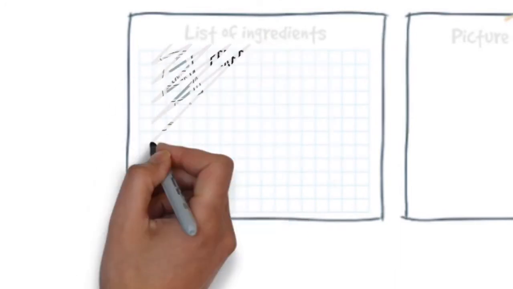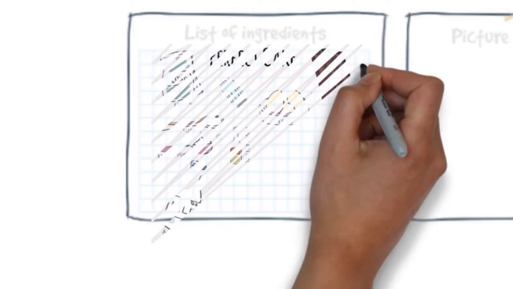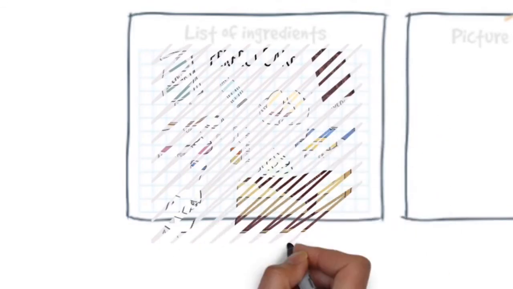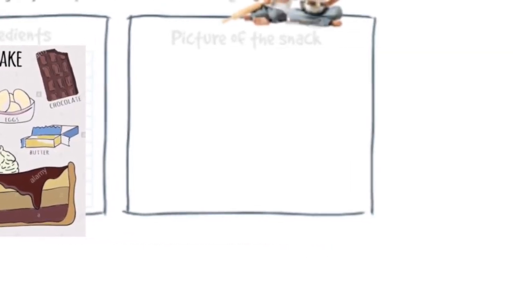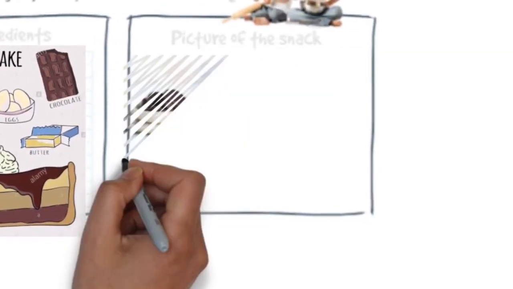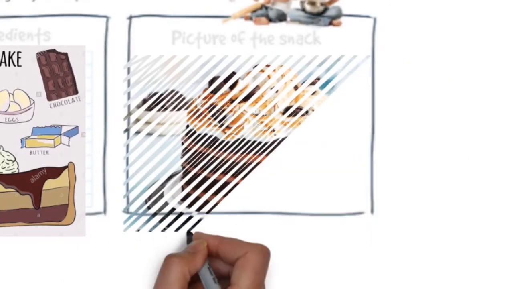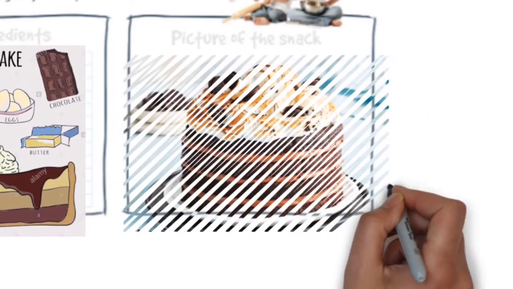But first, write the ingredients that you need to cook it. That is on the left side. And on the right, you are going to paste or draw the picture of the snack that you chose. For example, I chose the chocolate cake.